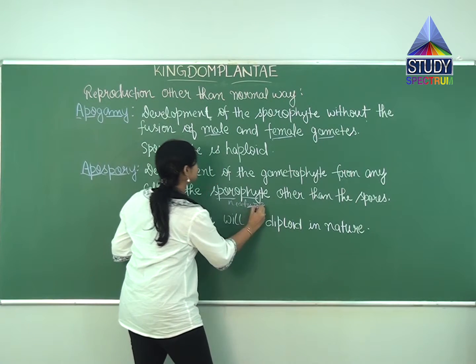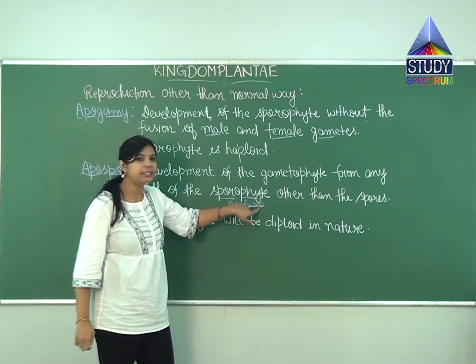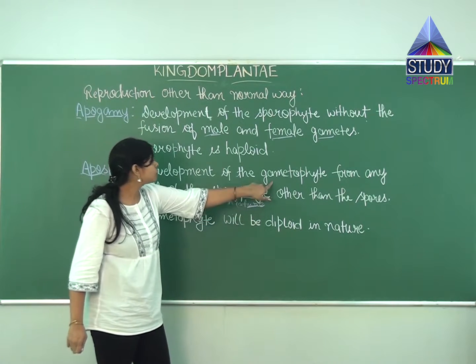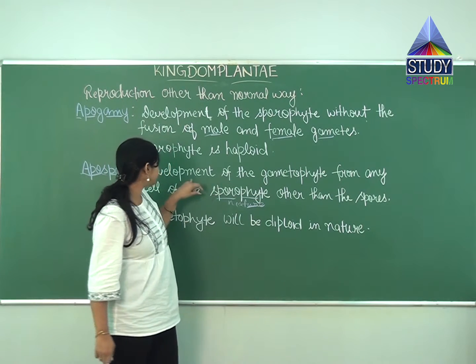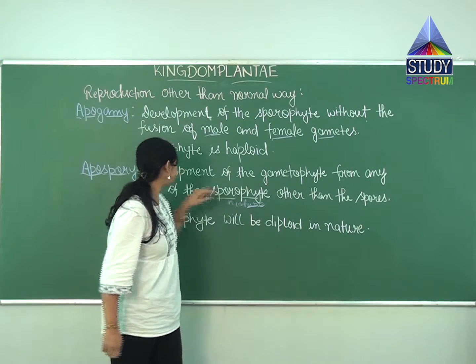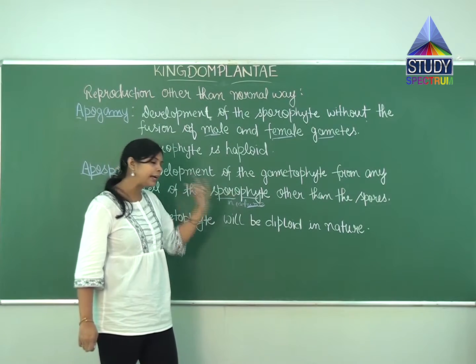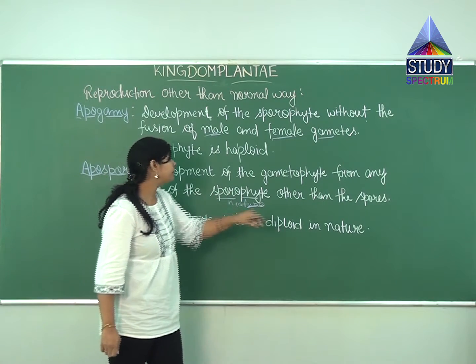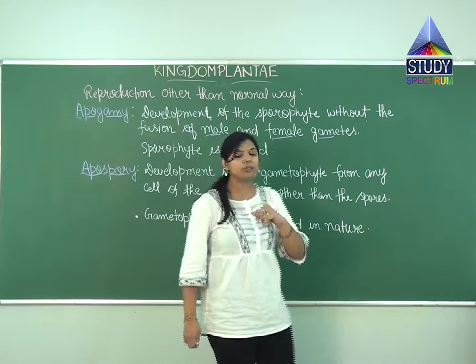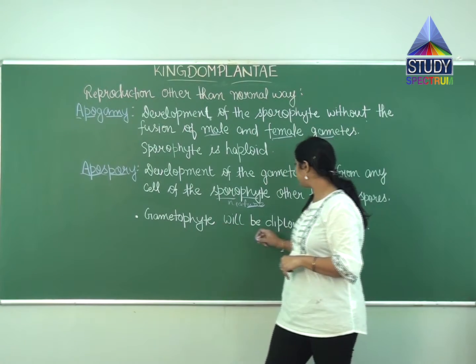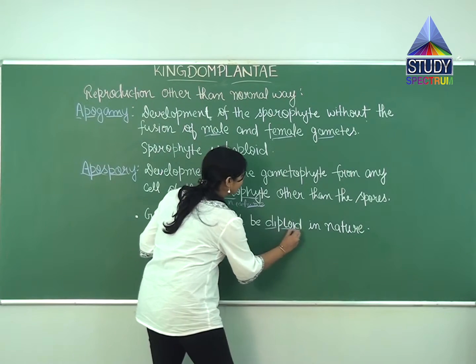If it is a mature plant, it will be diploid in nature because it is made up of the fusion of male and female gametes. So the development of the gametophyte from any cell of the sporophyte means the cells are already diploid in nature, other than the spores. So that's why the gametophyte will be diploid here.